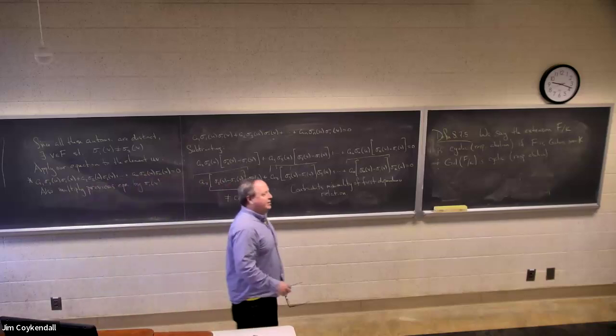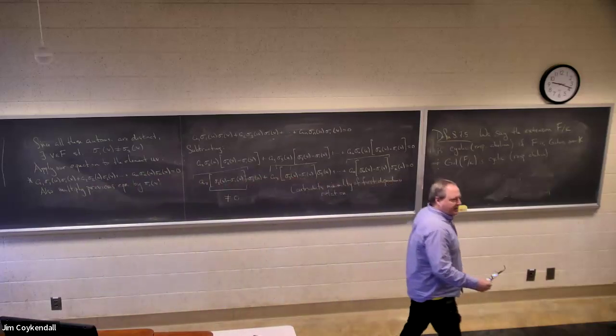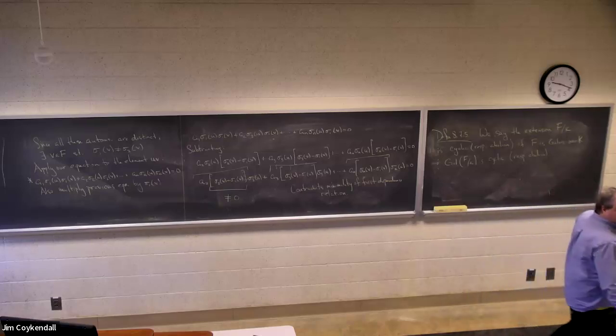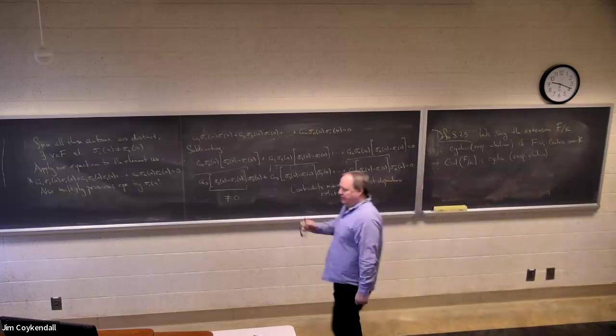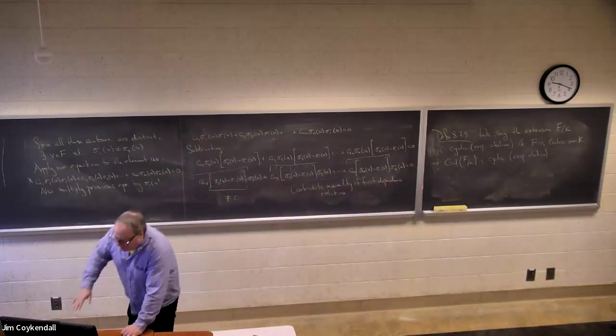Can anybody give an example of an extension that's abelian but not cyclic? You might try looking at something like Q adjoined with the square root of 2 and the square root of 3. I believe that one is Z2 sum Z2.